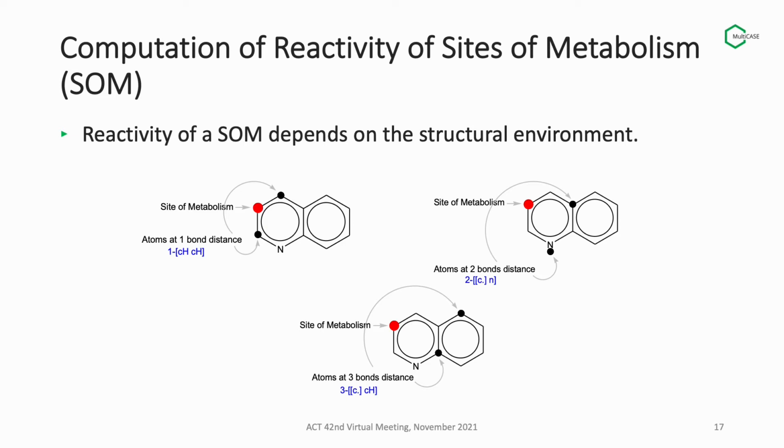And the main concept is that the reactivity of a site of metabolism depends largely on the structural environment around it. So the picture that I'm showing here is not for nitrosamine, but shows the effect of structural environment on the site of an aromatic hydroxylation. The approach records different atom types at certain distances from the site of metabolism, factors those in, and then uses them to compute if that particular atom, shown by the red dot here, would undergo a metabolic transformation or not.